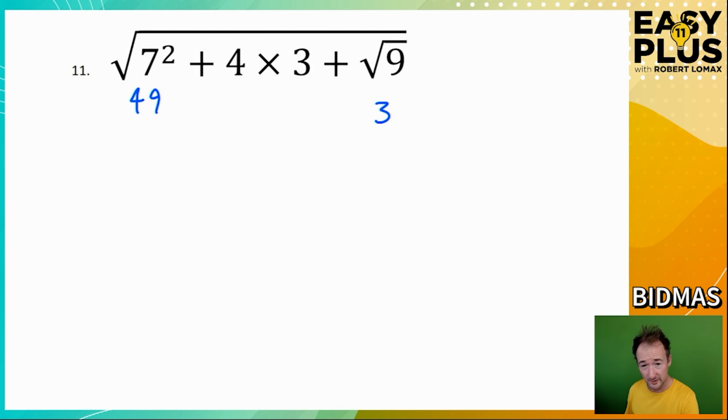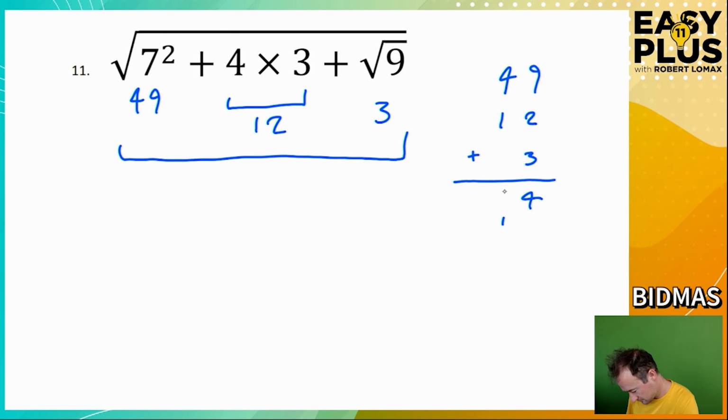So the next thing we can do is the multiplication. And now we've got 49 plus 12 plus 3. And that gives us 64. So at this stage, all we need to do is find the square root of 64.